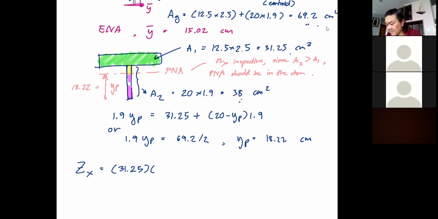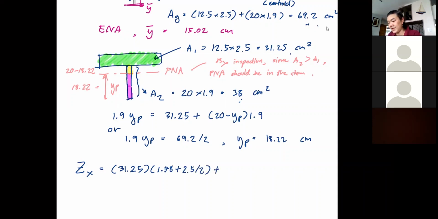Let's put the color back. If that's 18.22, so that is 20 minus 18.22, which is 1.78, right? So that distance is going to be 1.78 plus half of the thickness, which is 3.5/2.